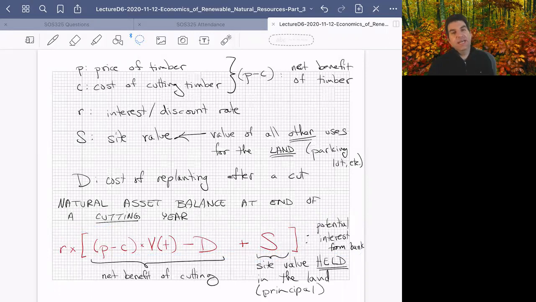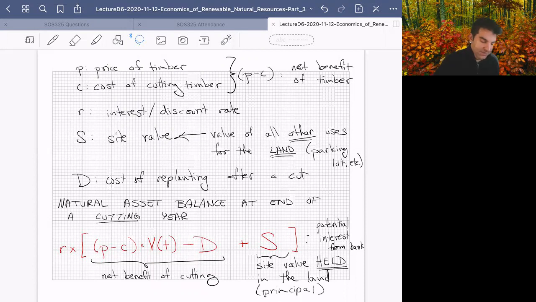And so we need to say, is the growth that we could get from that going to be higher than the alternative source of growth we could get, which would be the interest we get from natural growth of the trees?